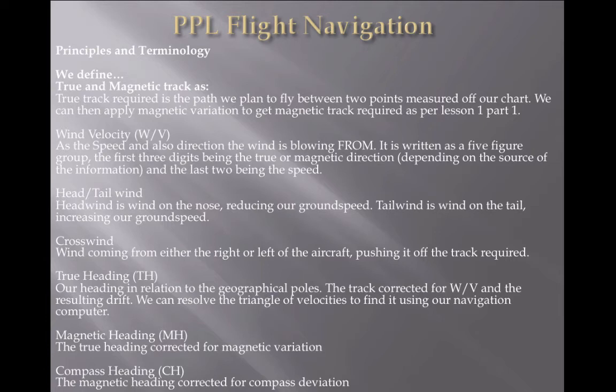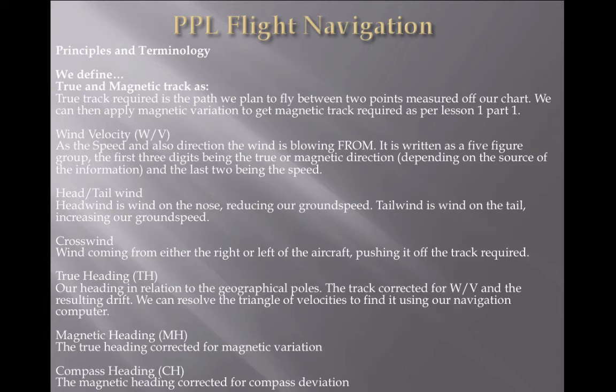Headwind is a wind on the nose, reducing our ground speed. Tailwind is a wind on the tail, increasing our ground speed. It's relatively easy. Crosswind is the wind coming from either the right or the left of the aircraft, pushing it off the track required. We will get into that in detail later.